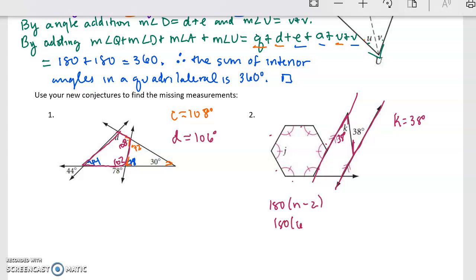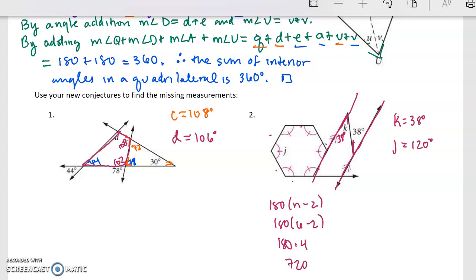There are 6 sides. 180 times 4 is 720. And then since all the angles are marked congruent and J is the measure of one angle, I take 720 and divide by 6 because there are 6 total sides or 6 total angles. And so J is 120 degrees.